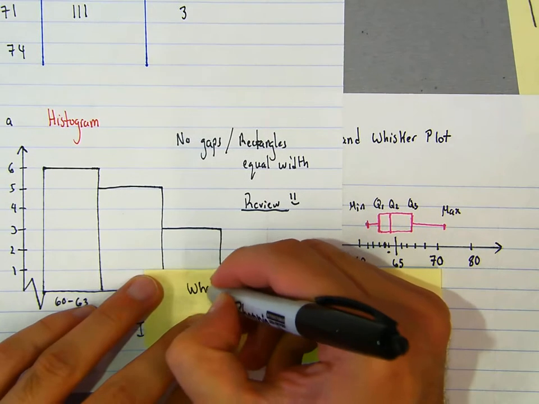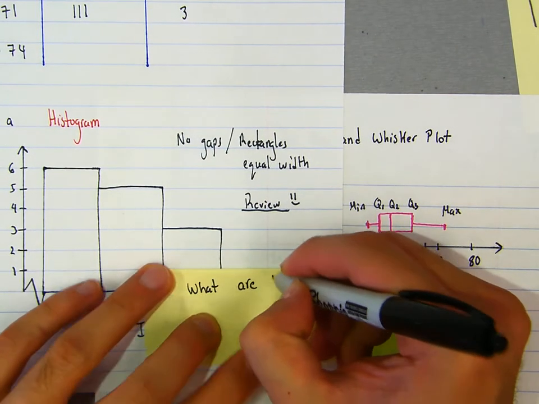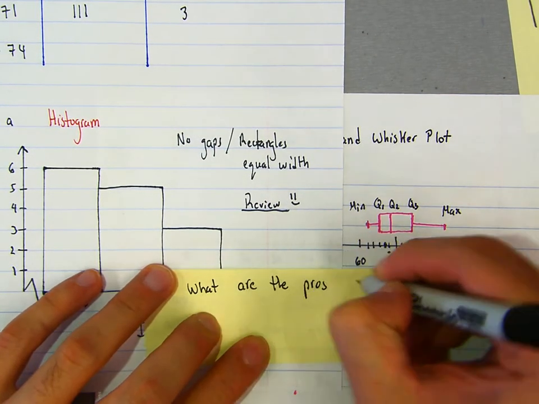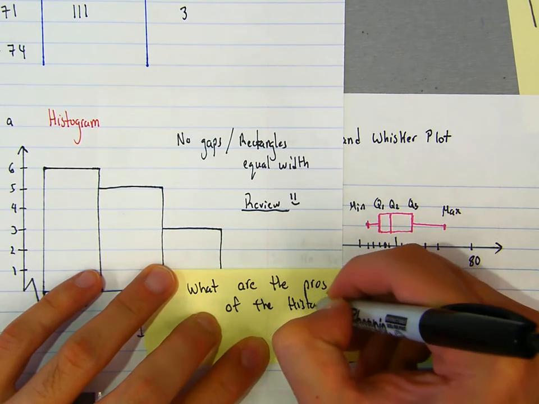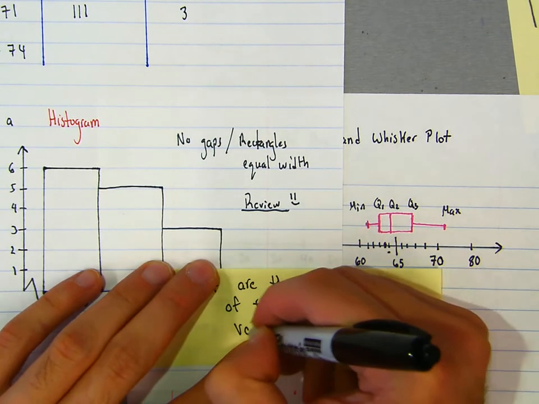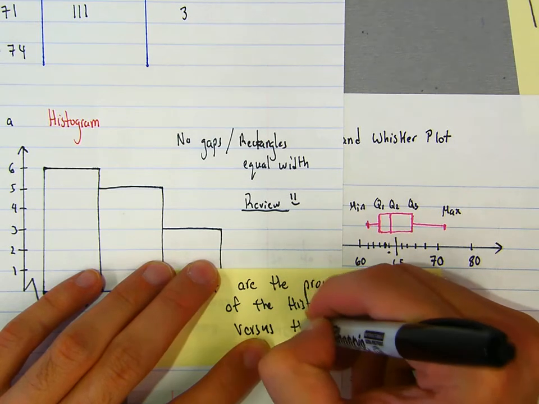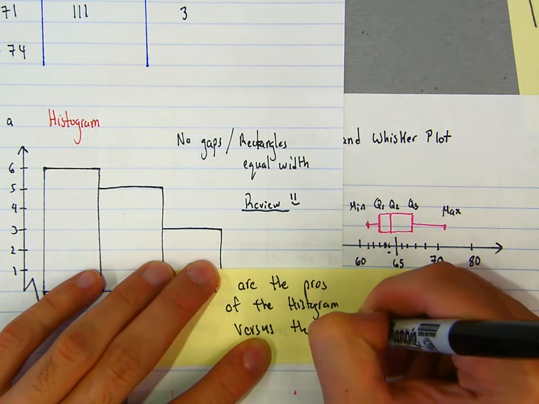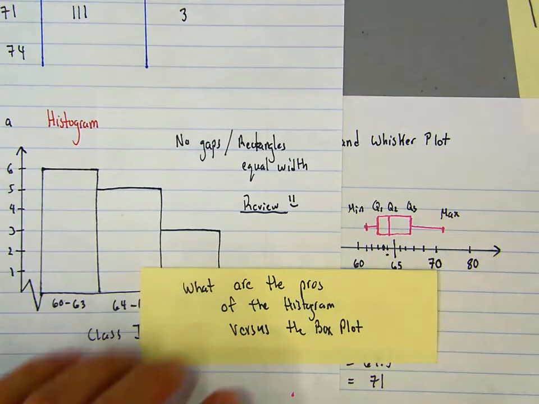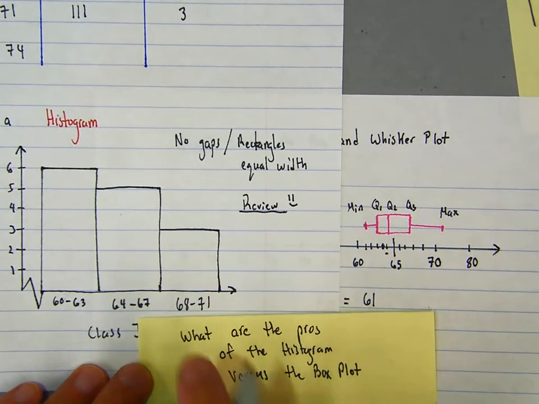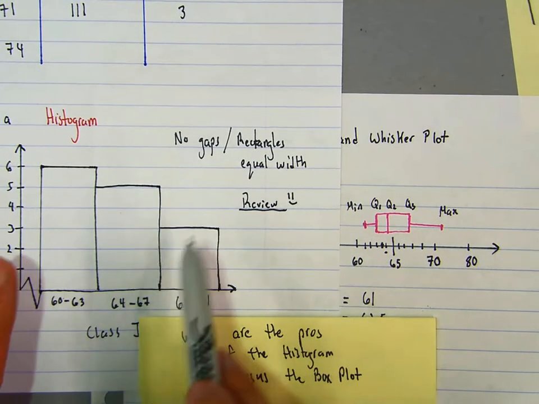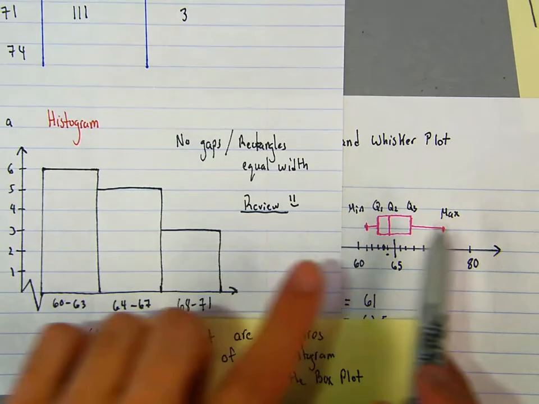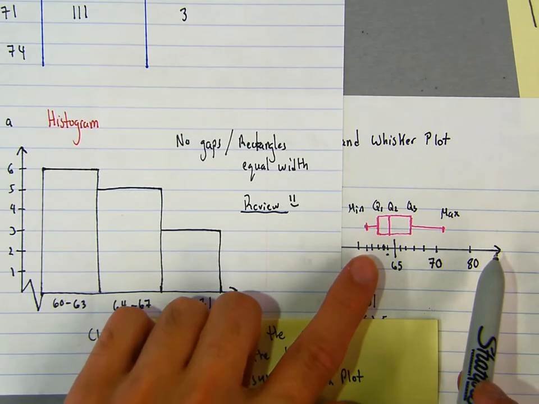What are the pros of the histogram versus the box plot? Is there a reason, which one do you like better? Is there something a histogram shows that a box and whisker plot doesn't show?